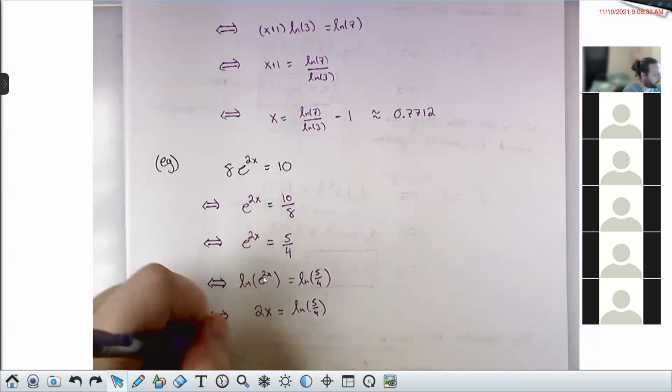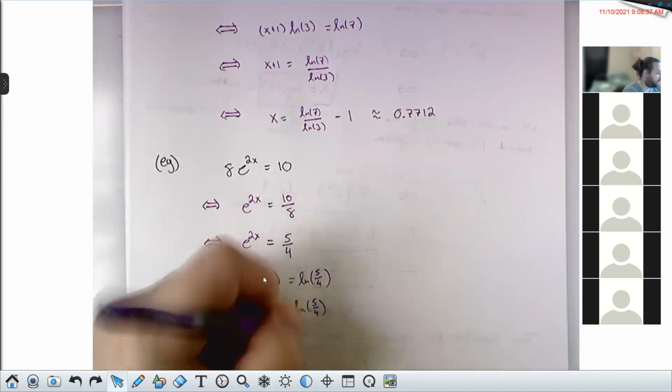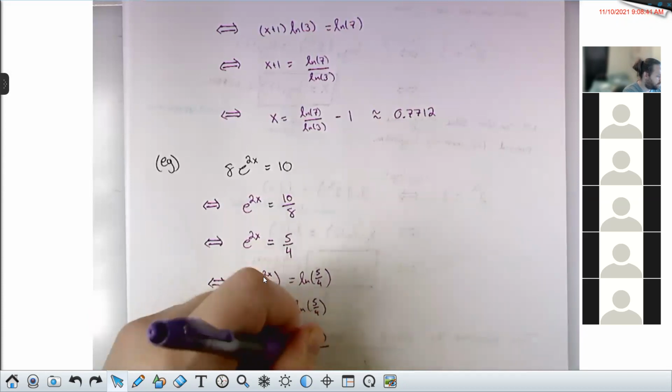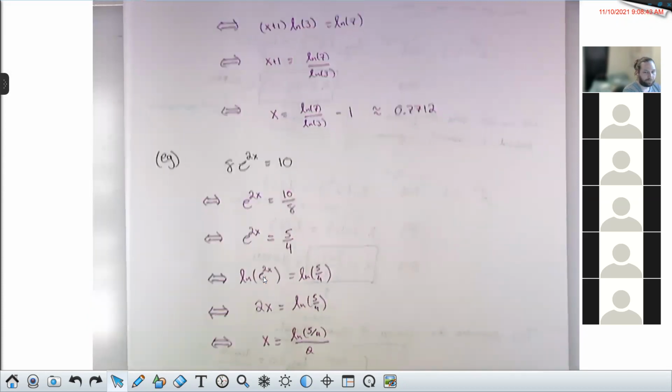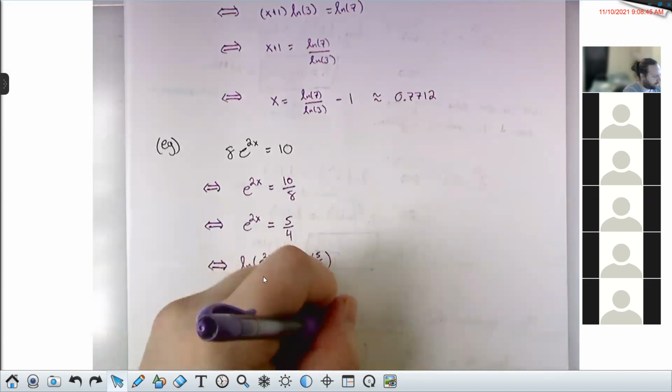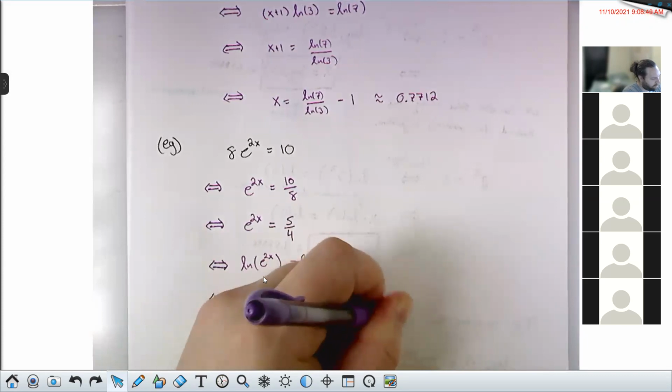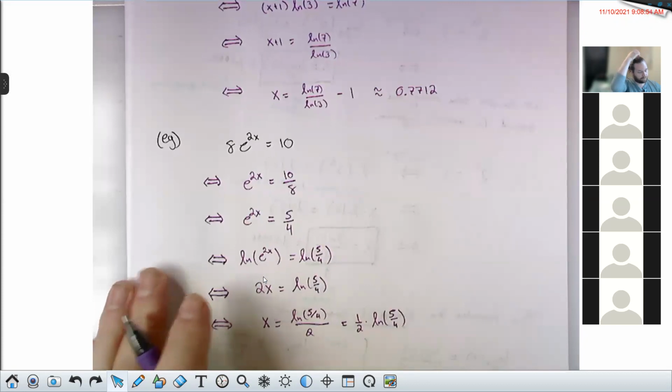And then we can divide both sides by 2. So this is x equals the ln of 5/4 all over 2. If you want, you could write this as 1/2 times the ln of 5/4, but you don't have to. Either one is fine.